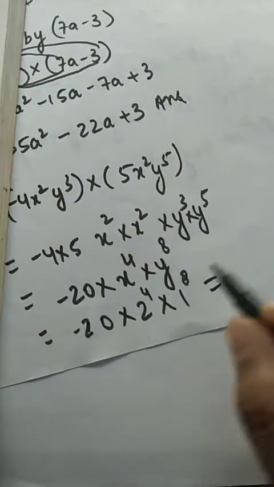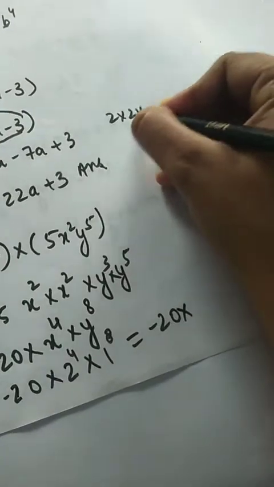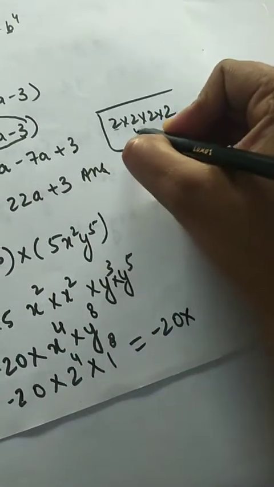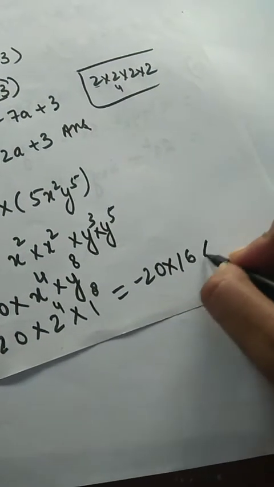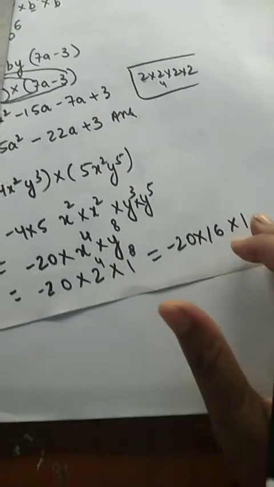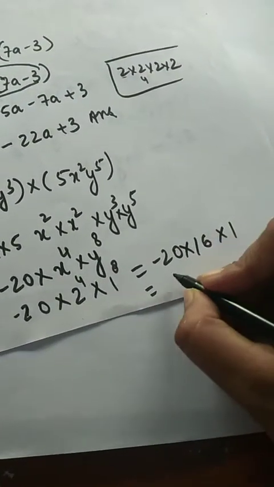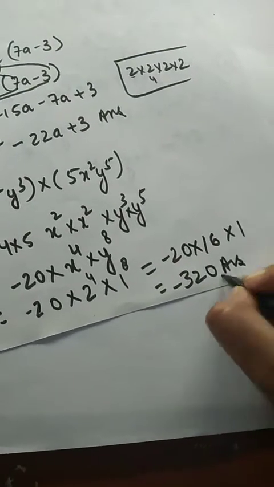So finally it will be minus 20 into 2 power 4, which is 2 into 2 into 2 into 2. 2 2s are 4, 4 2s are 8, 8 2s are 16, into 1. Anything to the power 1 will be itself. So 16 2s are 32, with a minus sign. This is our final answer.